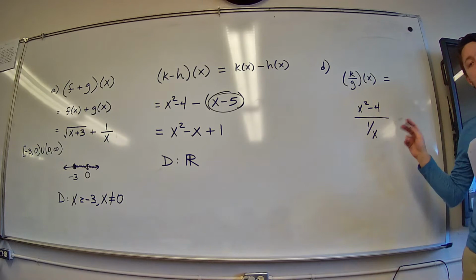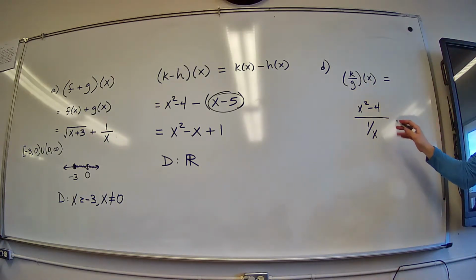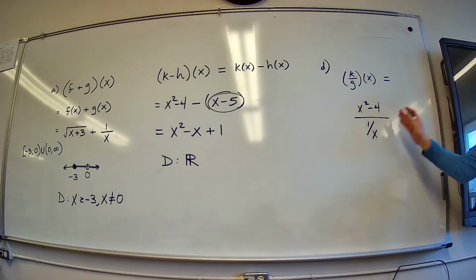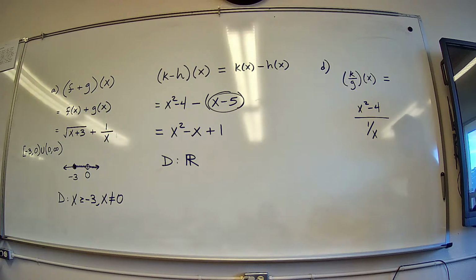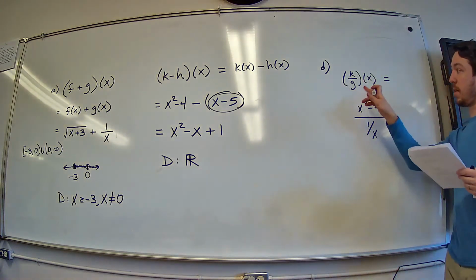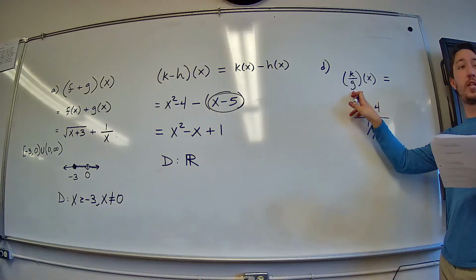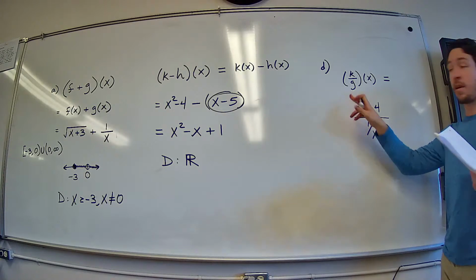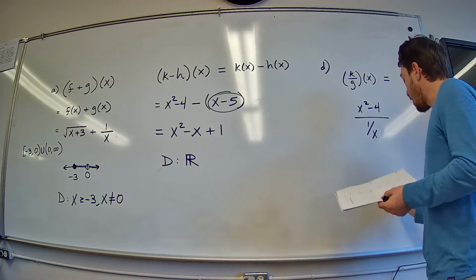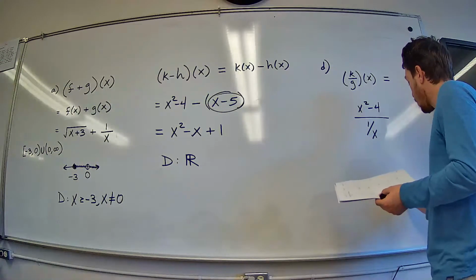So there's a big idea you gotta make sense of here, which is, right now, looking at this, are there any numbers that x is not allowed to be? 0. You can't divide by 0, right? More specifically, 0 cannot go into g. So 0 is not in the domain. So the domain would be all real numbers except for 0.